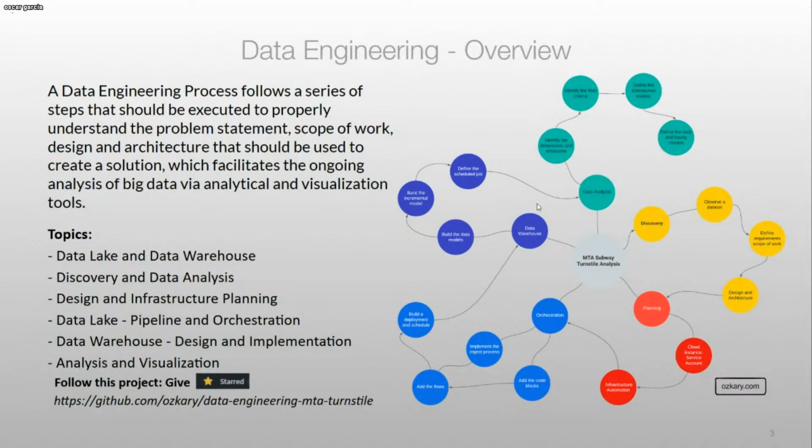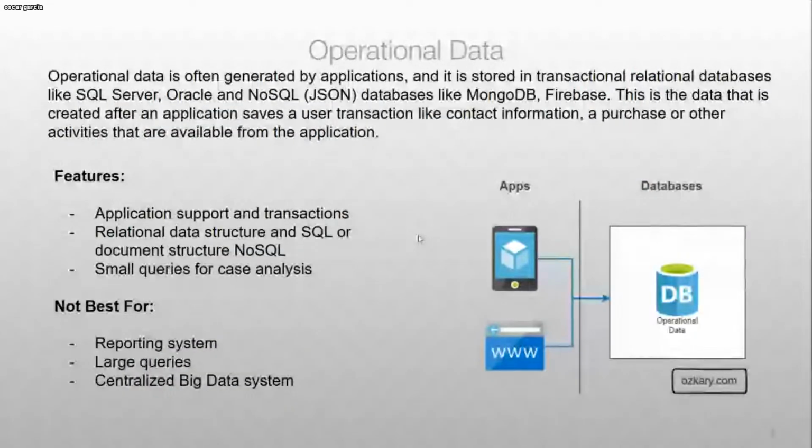Okay, so let's continue. Let's start with the concept of operational data. If you are a database developer, a DBA, or you like to explore data, you have probably worked with relational databases like SQL Server, Oracle, SQLite. Perhaps you worked on NoSQL or document databases based on JSON documents, like MongoDB, Firebase, and so on.